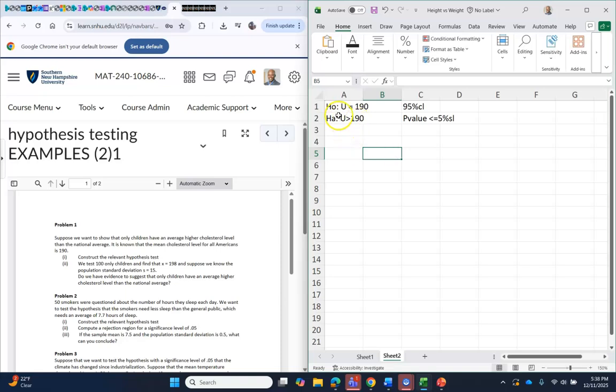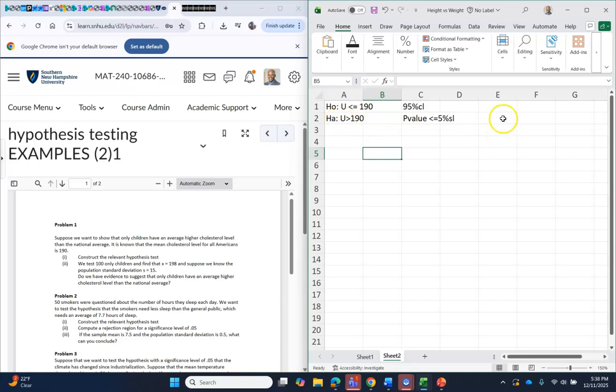Now, if you remember, we cannot write the null hypothesis like this when the alternative hypothesis shows it is greater than 190. So we have to go back and change this sign, the inequality. That should be less than or equal.